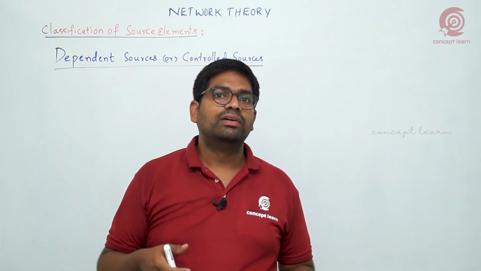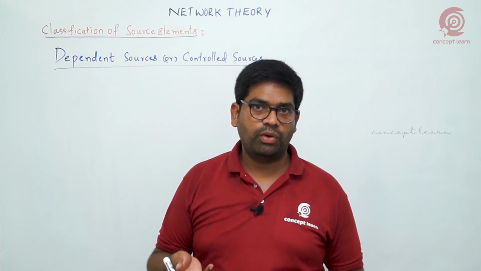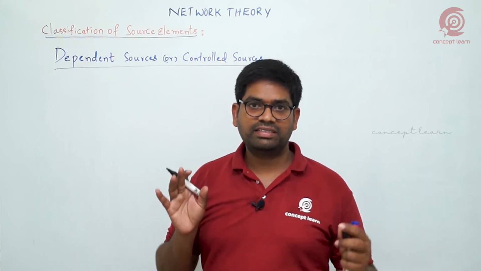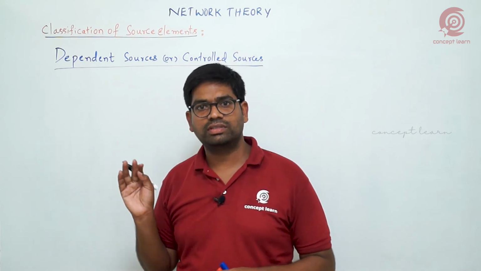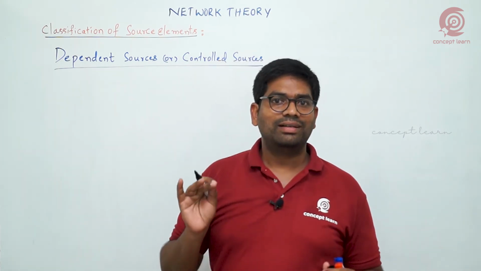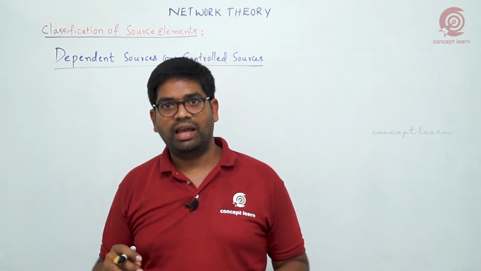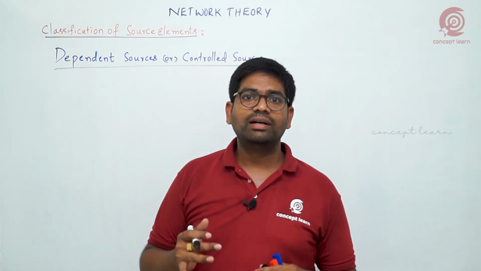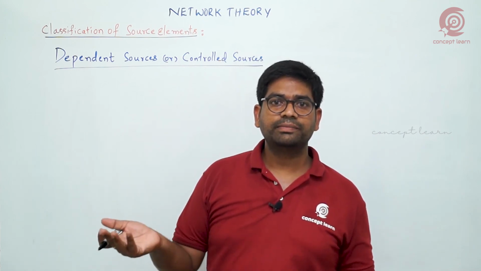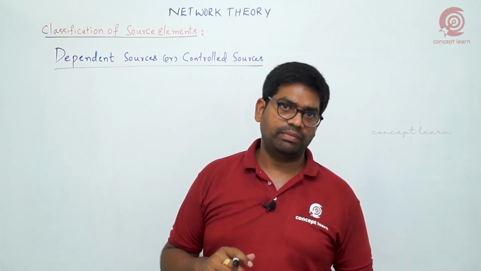Based on that we are commenting on linearity and non-linearity. But basically a source, independent or dependent, must be a non-linear element only. I am talking about linearity on the basis of the particular source and that dependent variable.